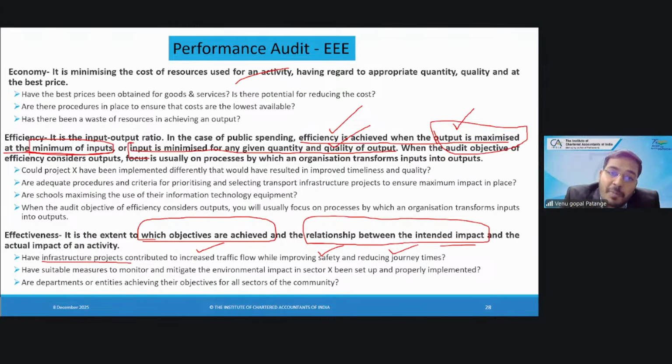So with that, spending is right, tender given to the right party, and that party is working full time. And finally, once the road is ready, are we seeing that the traffic congestion got reduced, the safety is improved, the journey time is reduced? So the final output against the planned output, you check, that is effectiveness. So all these you check in performance audit.